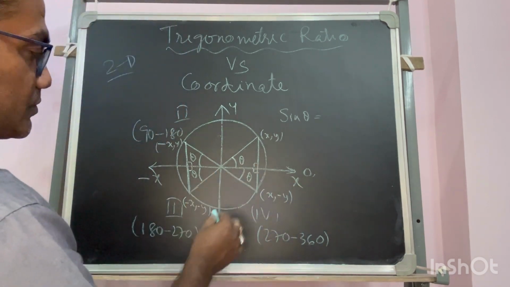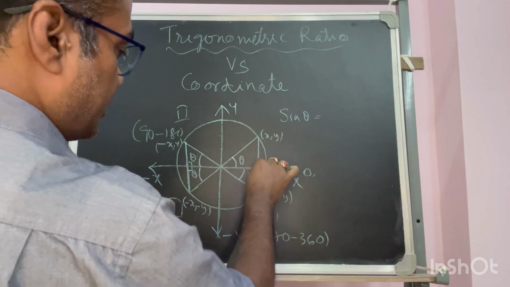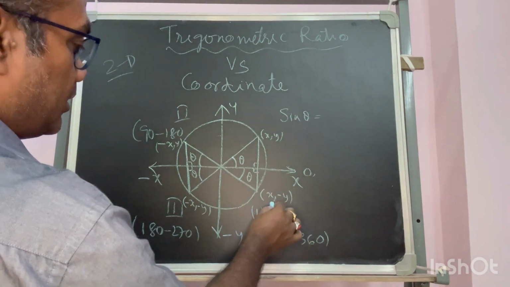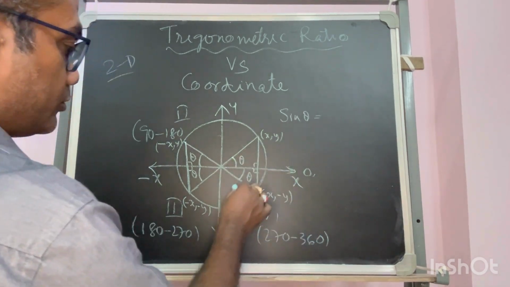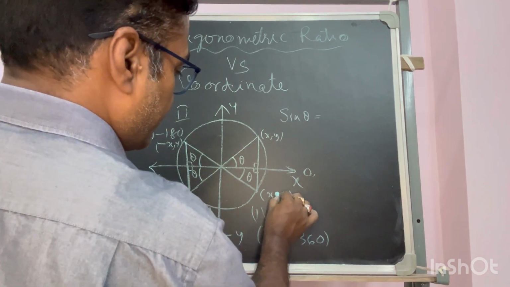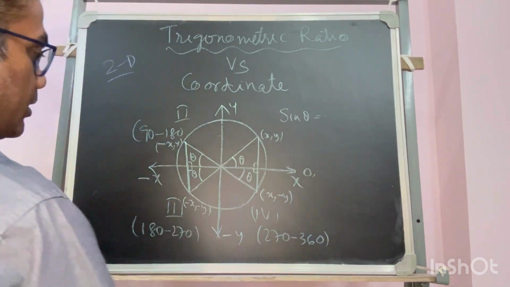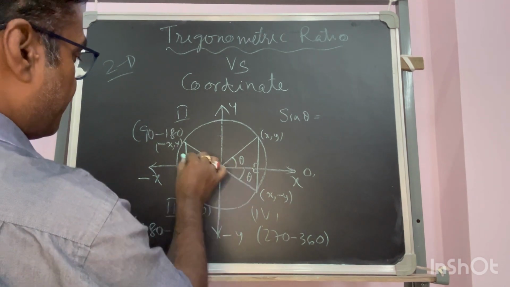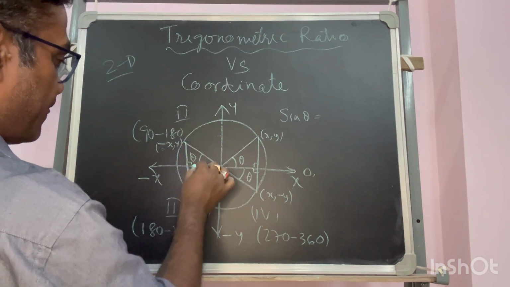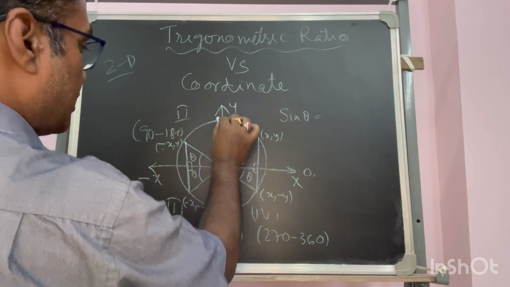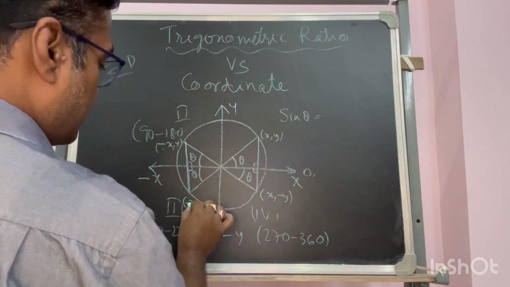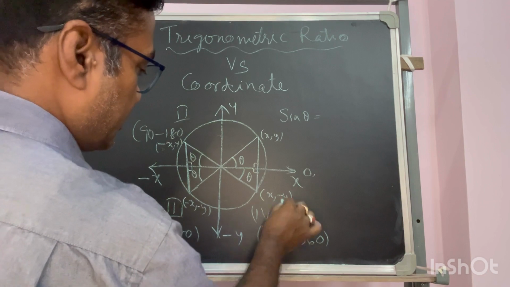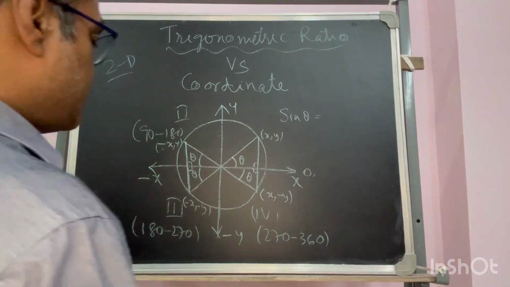Because theta is same, so respective x and y will be same, so accordingly x and y will change due to the coordinate. As we know on this side x is negative every time, if I go up then y will be positive, if I go down then y will be negative. So this way the coordinate system is like that.